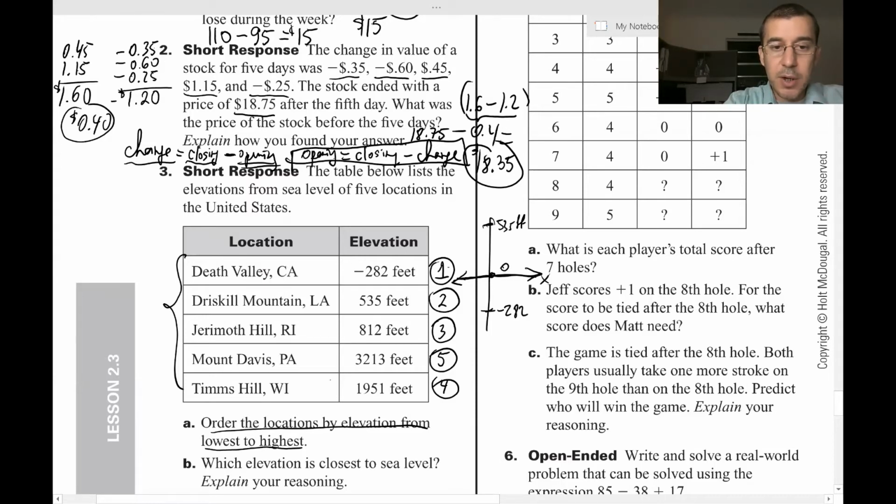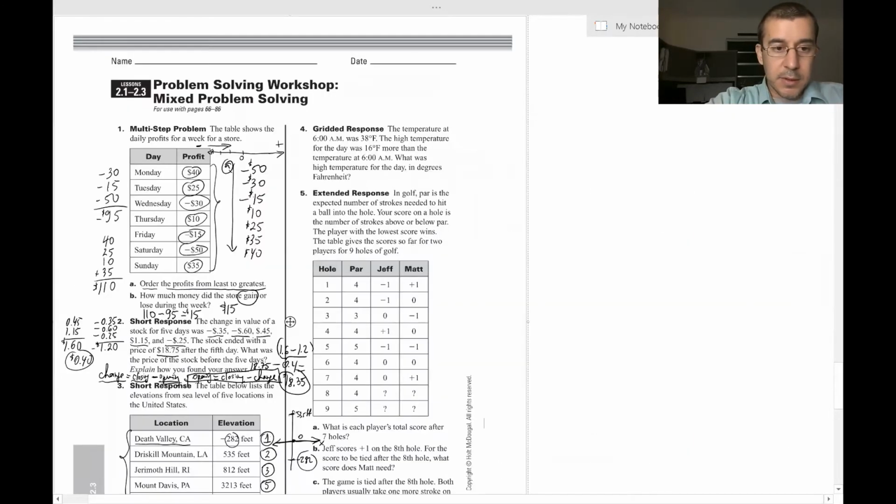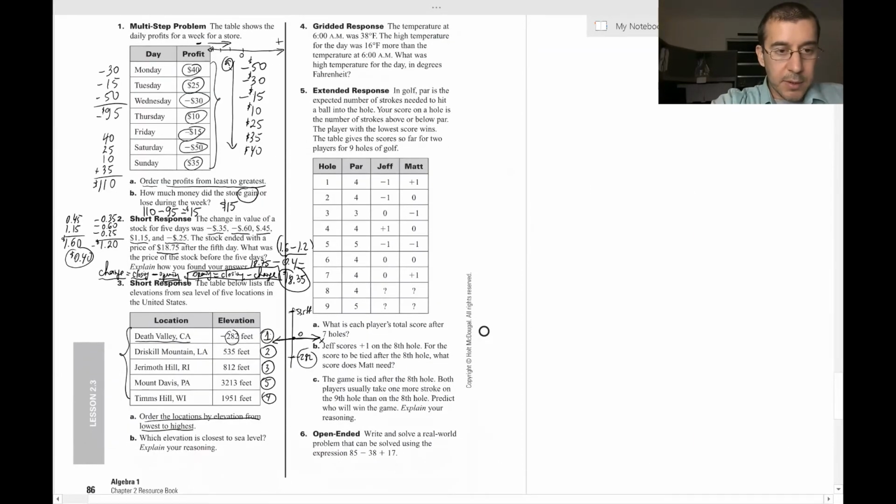Just disregard the negative or positive signs. You have to find the lowest number, which in this case would be 282. So Death Valley, California would be the closest to sea level. Okay, so that's the answer for B. We just have to take the smallest absolute value of these numbers. That's B. And that's number 3.